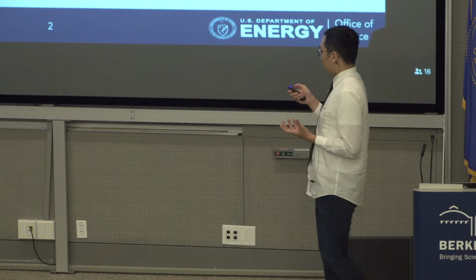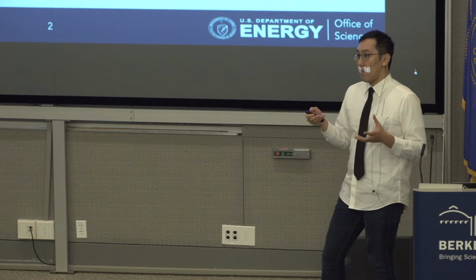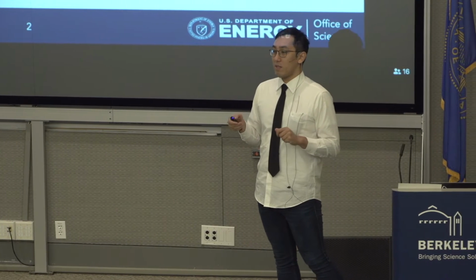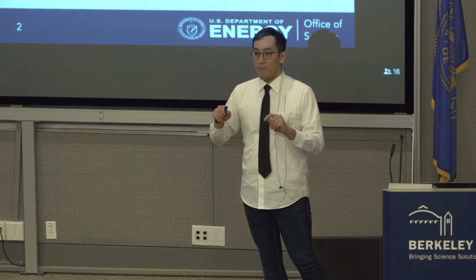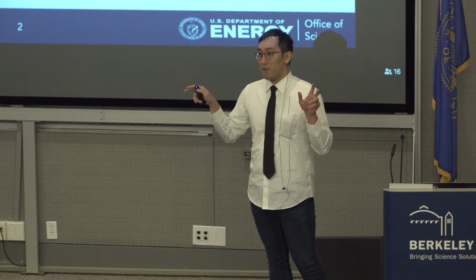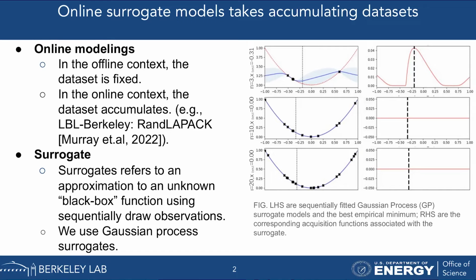So what we're going to do here is draw sequential observations. That means I give you an input, and the so-called black box function gives me an output. So our input is the x, and our output is the y. If we look at the left-hand column here, we actually have three different samples from the underlying curve, and then we fit a blue curve here.